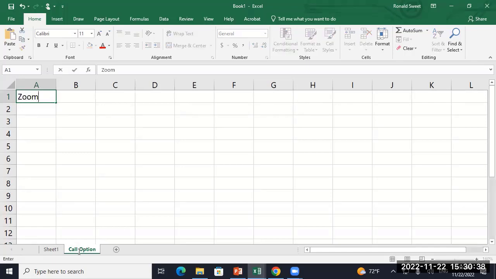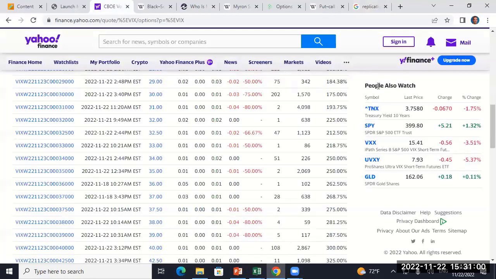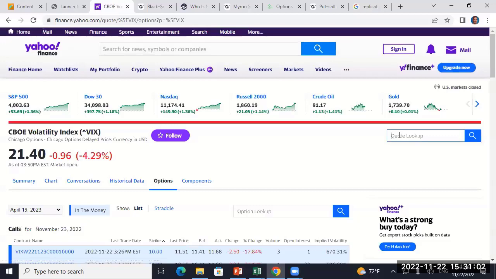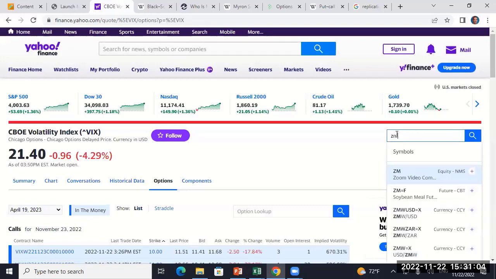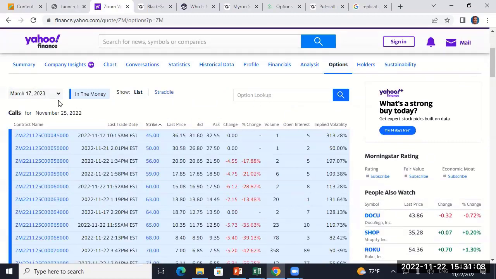All right, we had Zoom, so let's do Zoom. Let's get the current price, the option maturity, the option strike, and the option premium. So here are the options.